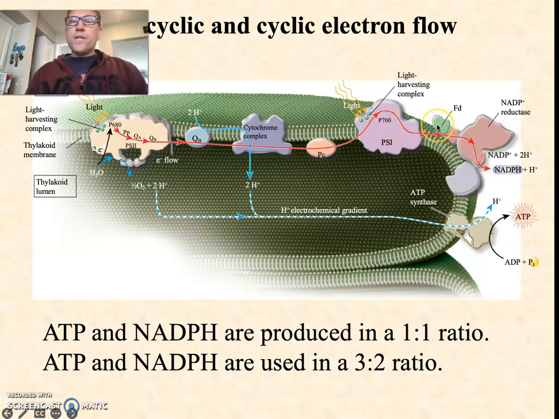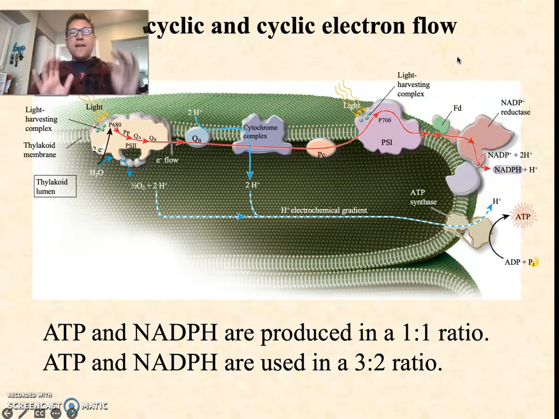There they get carried by ferredoxin to NADP plus reductase, which then simply hands them to NADP plus, keeping the electrons in a relatively high energy state in the form of NADPH. So now, here in the stroma of the chloroplast, we've created 1 ATP and 1 NADPH for every pair of electrons that moves through. So let's think about that for a minute.